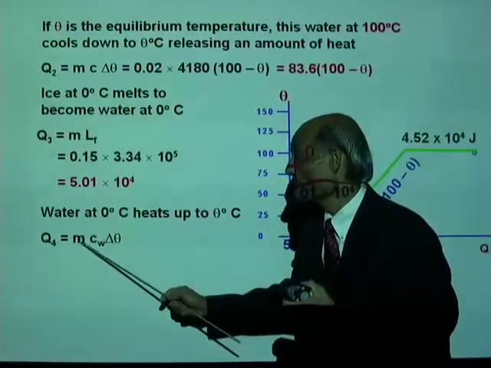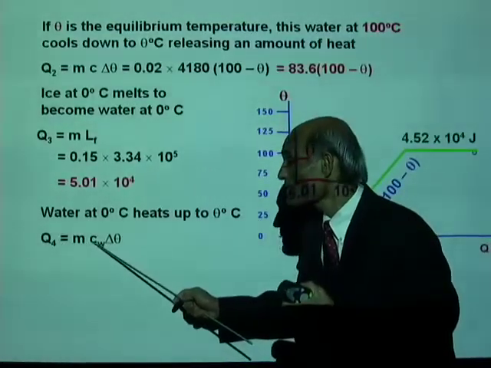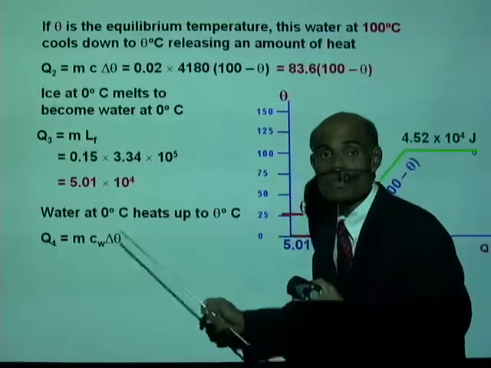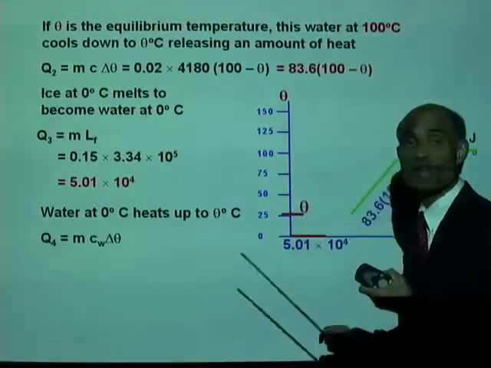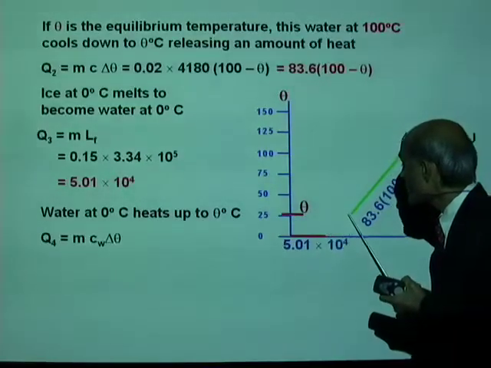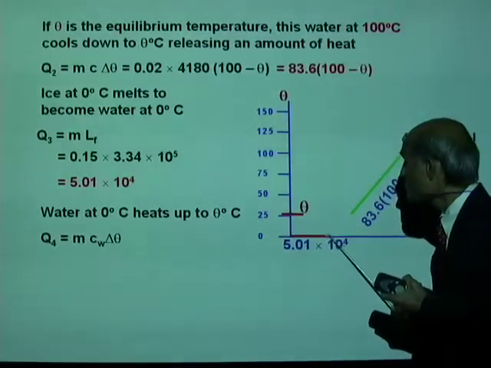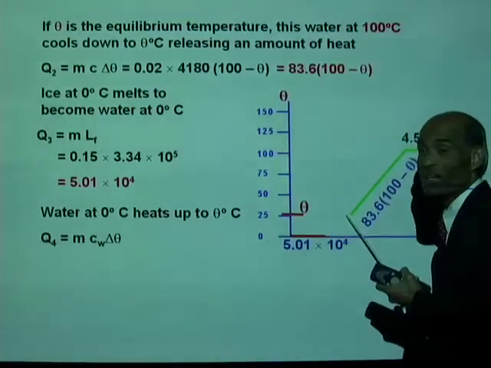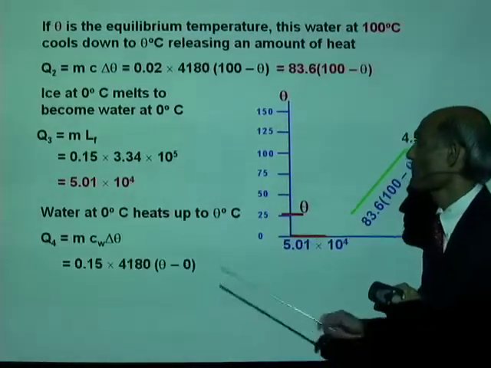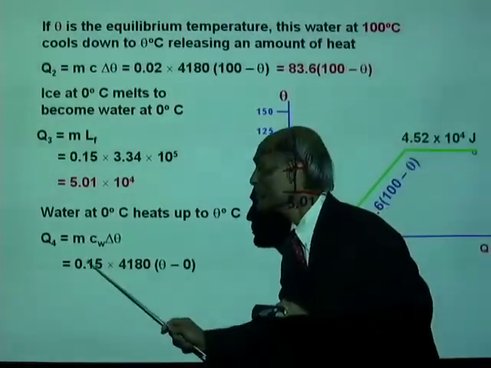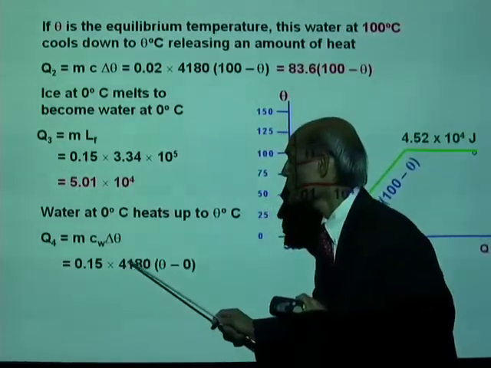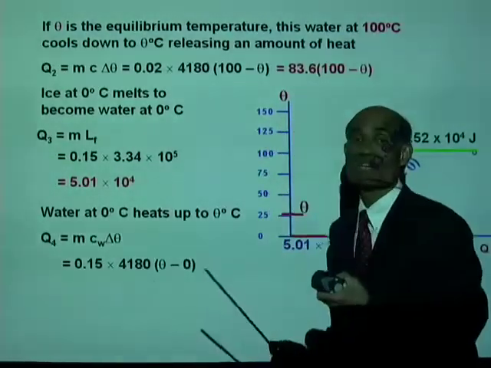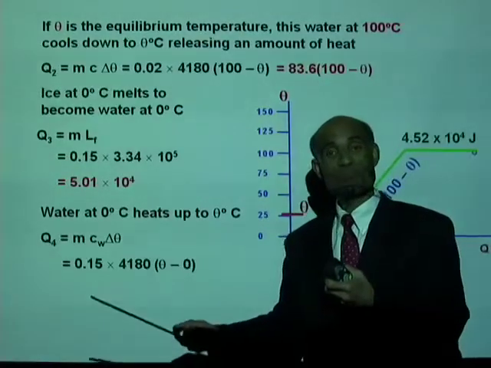Q4 is mass times specific heat of water times the change in temperature. What is the change in temperature during this time? It will be theta minus 0. From 0 it increases to theta. So mass is 0.15. Specific heat of water is 4180 joules per kilogram per Kelvin.